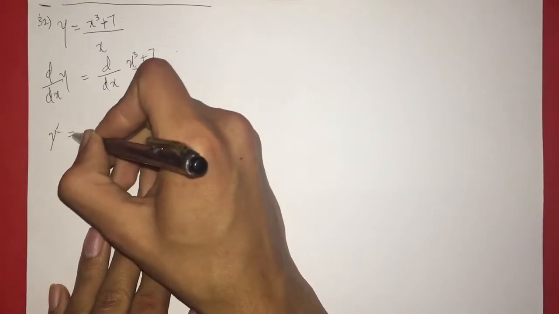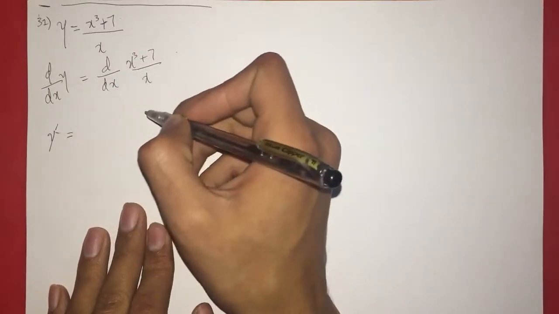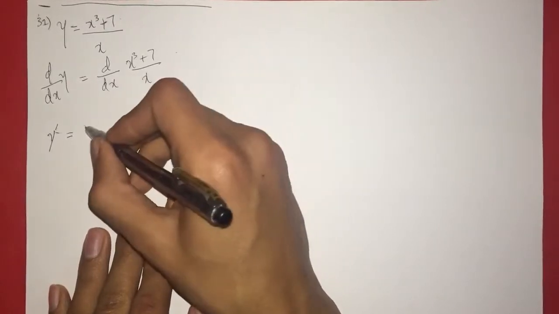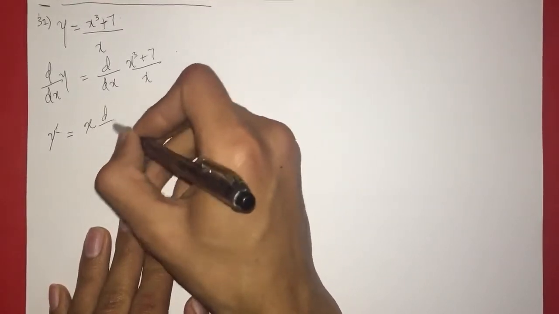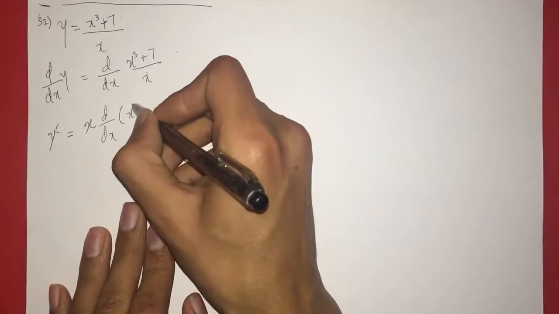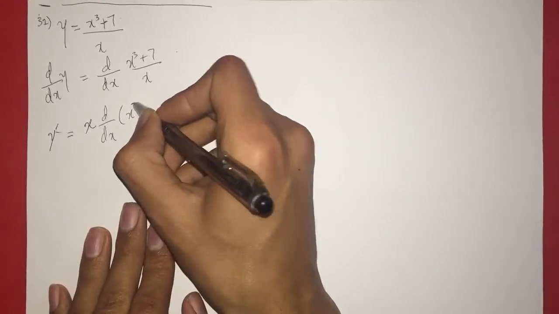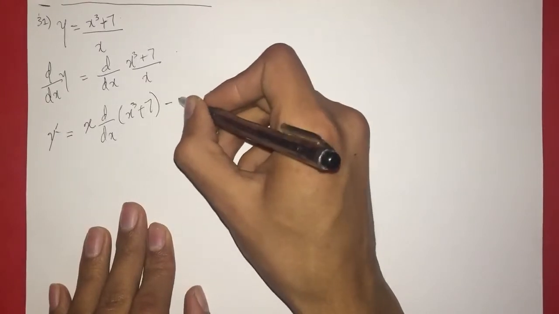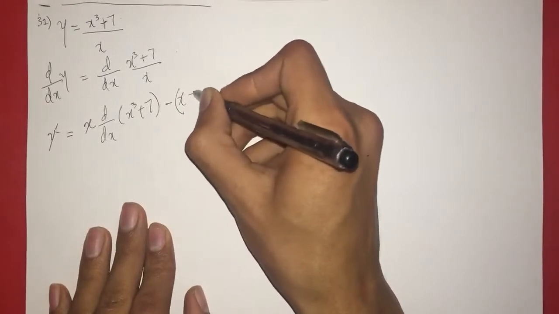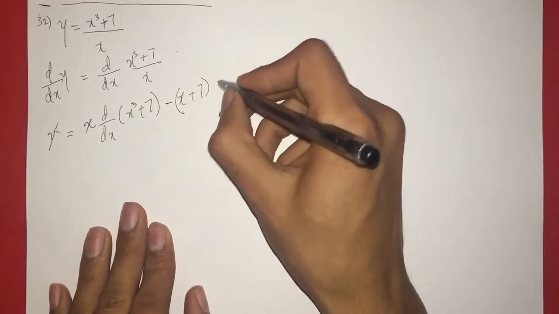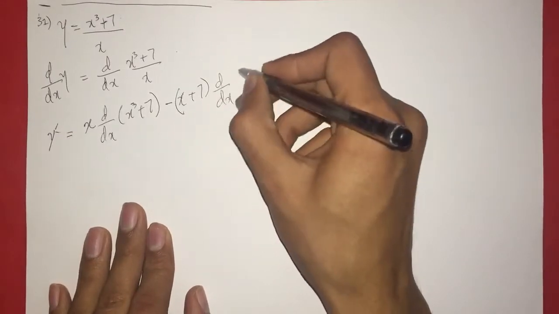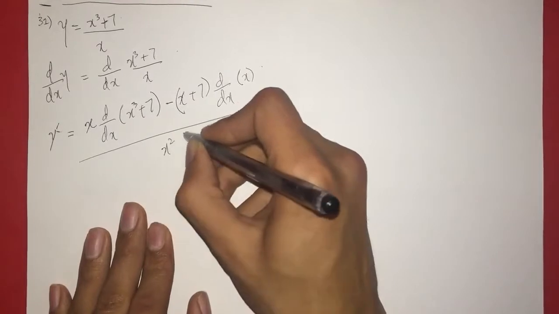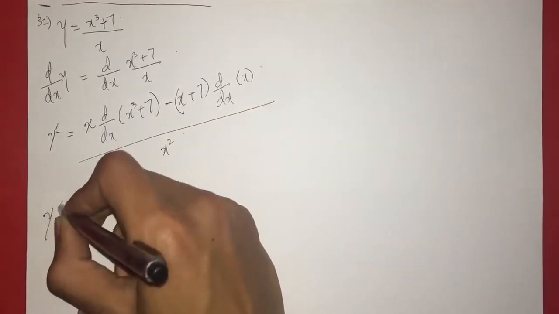The quotient rule is: the denominator times the derivative of the numerator, minus the numerator times the derivative of the denominator, divided by the denominator squared.